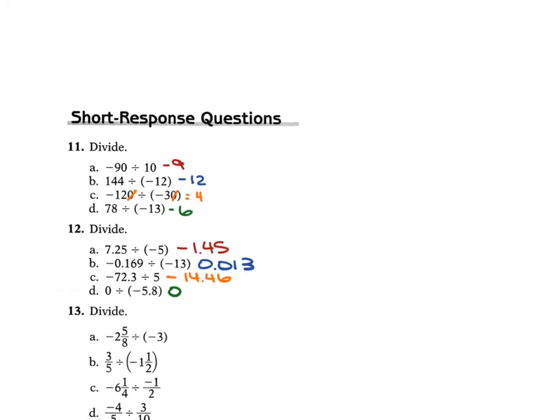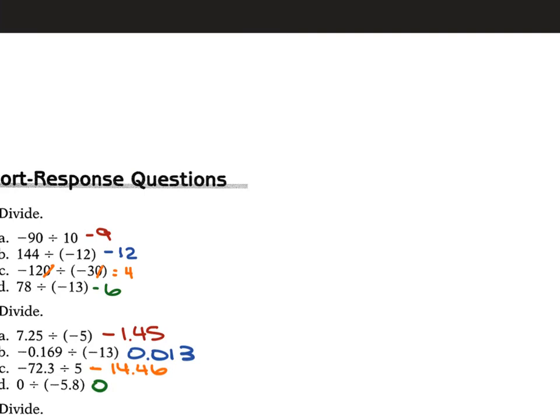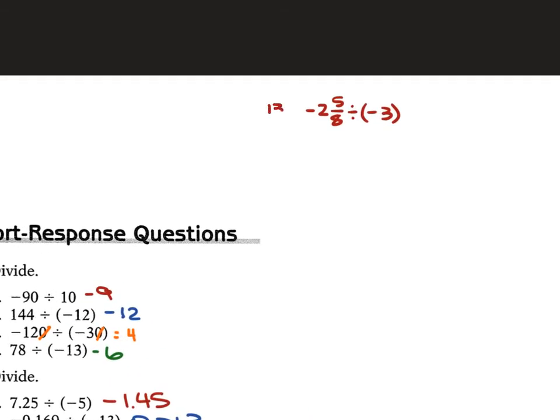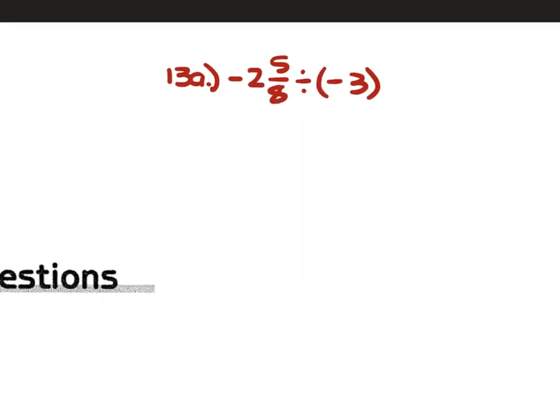For 13, we have negative 2 and 5/8 divided by negative 3. So I'm going to rewrite this up here. Negative 2 and 5/8 divided by negative 3. And this was 13a. So I'm going to turn this negative 2 and 5/8 into an improper fraction. I know that my negative divided by a negative is going to give me a positive, so I'm not going to worry about my signs.